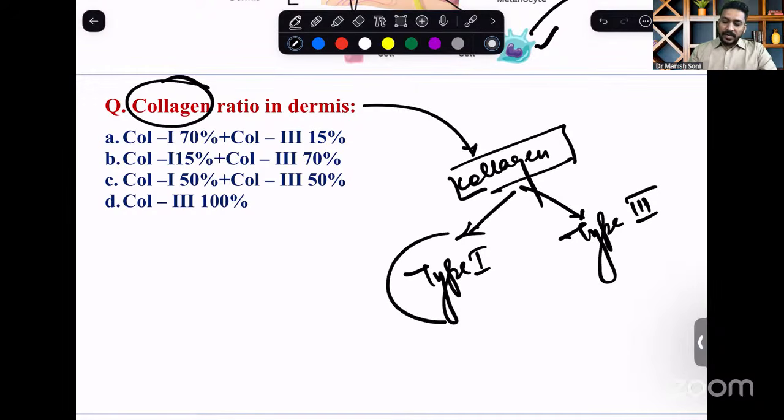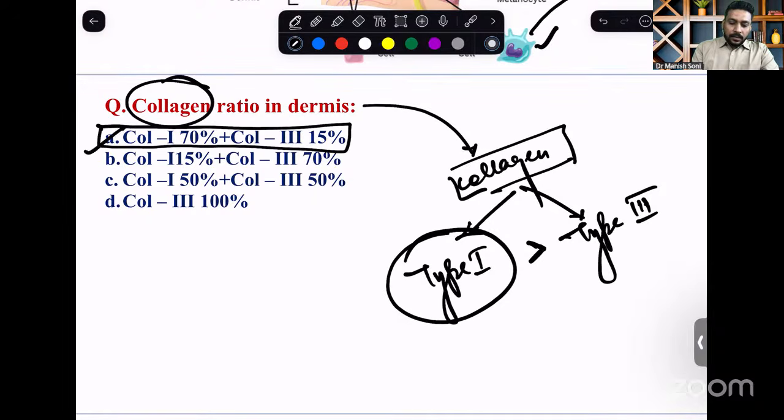Remember that type 1 is more than type 3 and their ratio can sometimes be up to 8:1.